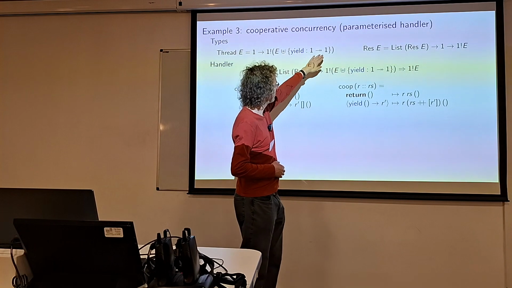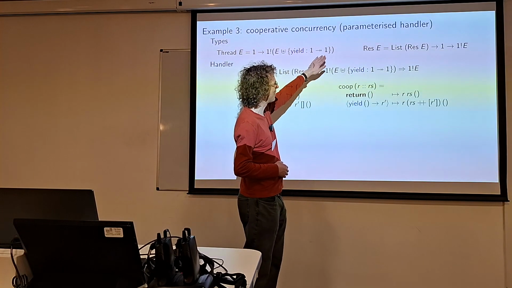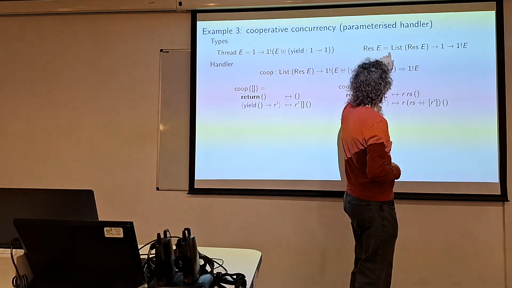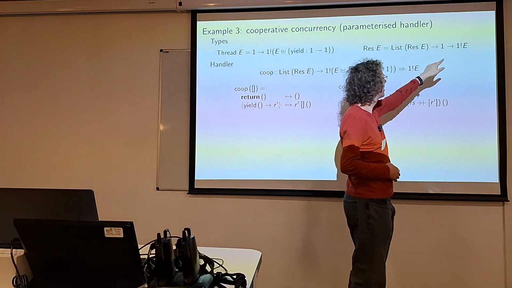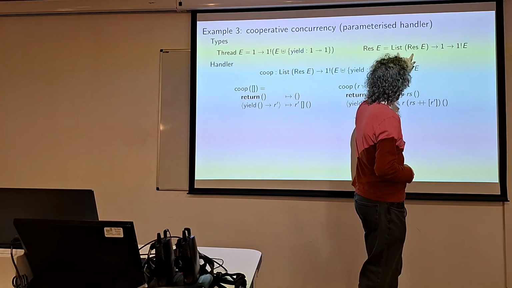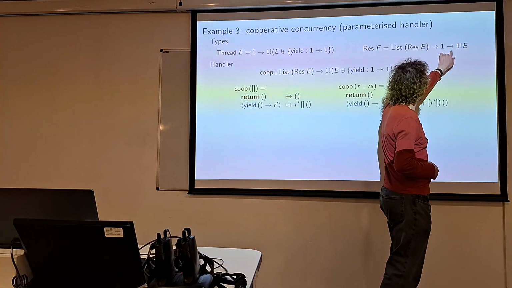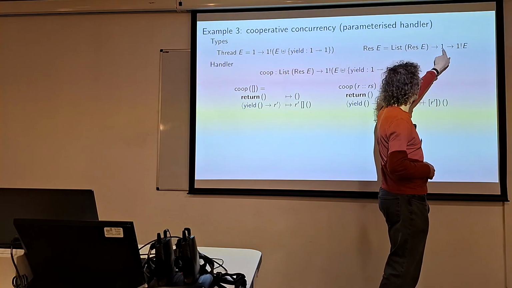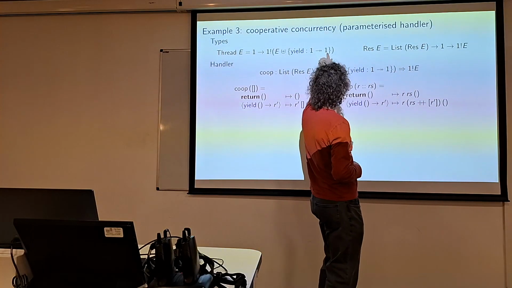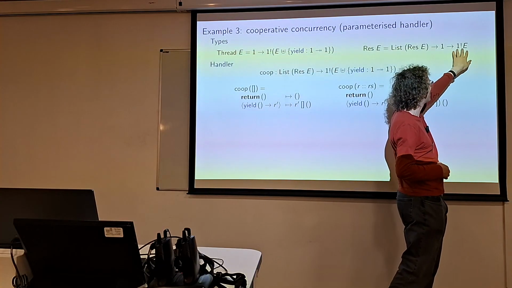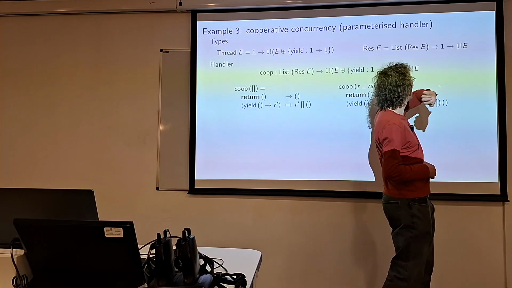So this is basically the resumptions we're going to get whenever we perform a yield. And what's the parameter going to be here? Well, it's going to be a list of resumptions. So this is where the recursive type is. And then the one arrow, one bang E is that the one comes from the return value of the yield, and then this is the computation type that we're handling, which is going to return unit as well.